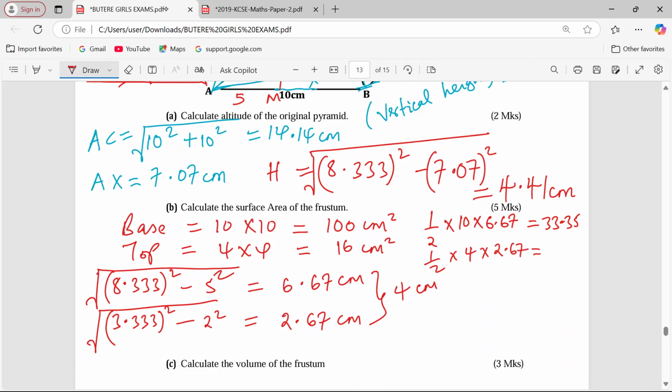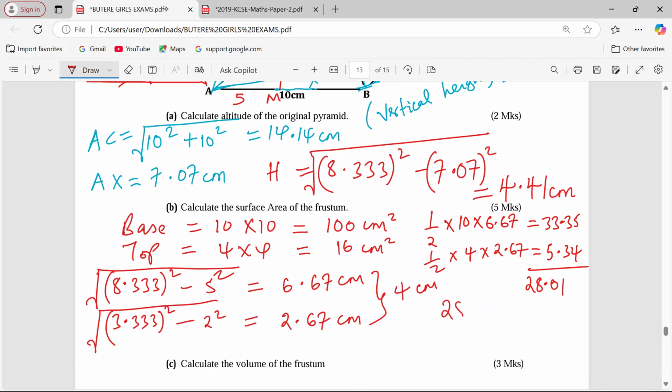So half multiplied by 4, which is the base, multiplied by 2.67. This gives us 5.34. So the difference now, 33.35 minus 5.34, we're getting 28.01.